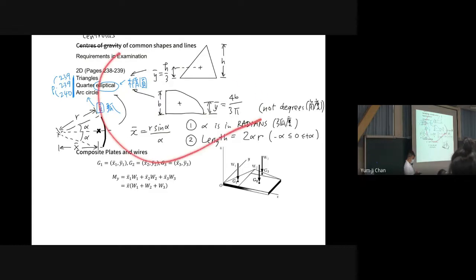But we can always make them into simple shapes. For example, this shape is like this, and you can make it into 2 triangles and a rectangle.